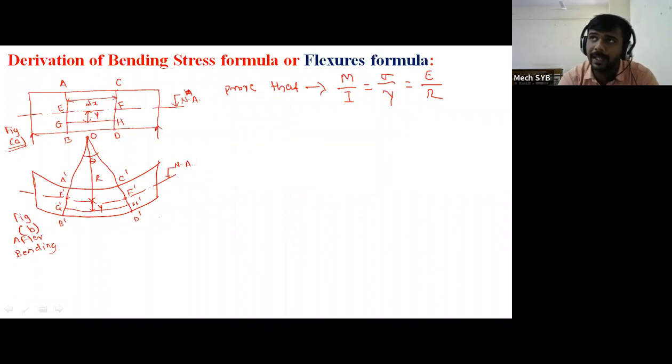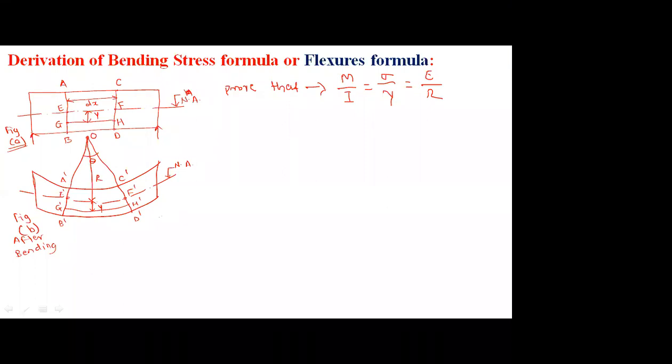Indicate all the points very properly, A, B, C, D, then E, F, G, H in the figure A. So after the bending of the beam, all the points are represented by dash, that is A dash, B dash, C dash, D dash.